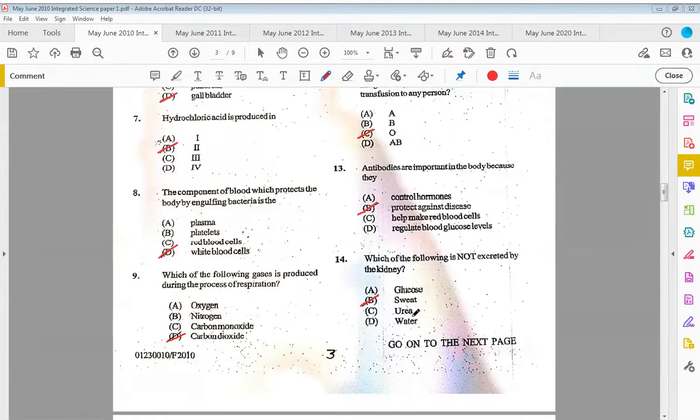Urea, yes. Water, yes. Glucose, yes. The reason why glucose would be the answer here, if sweat was replaced with something else, so let's say, for example, salts, then glucose, we could have turned the eye there.